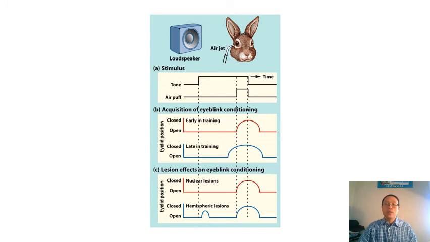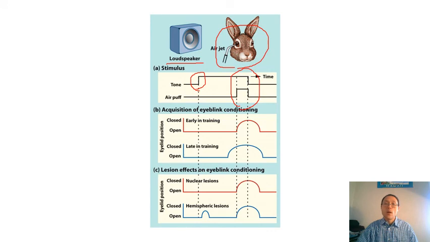Well, they want to pair a sound with an air puff in a rabbit. The tone comes on first, and at the end of the tone, right before it is about to end, they give the rabbit an air puff right into the eye.